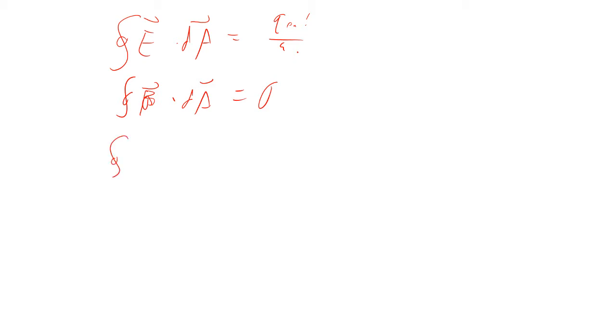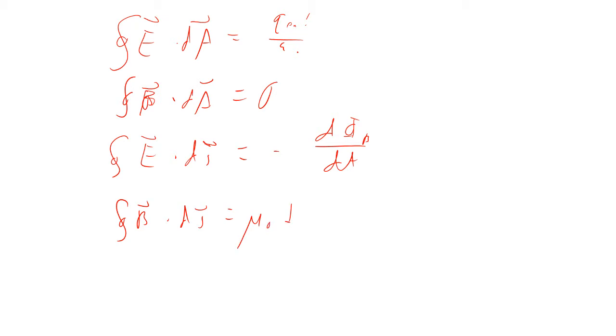Integral of E dot ds is going to be the induced EMF, that's the rate of change of magnetic flux. And integral B dot ds equals mu naught I plus mu naught epsilon naught times the rate of change of electric flux.